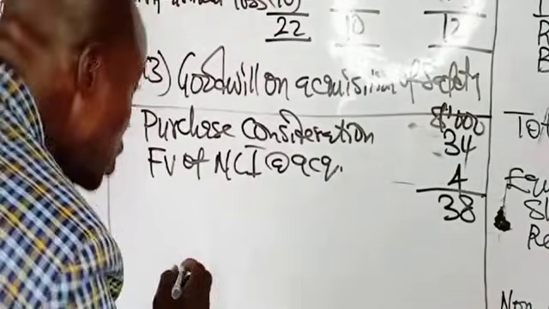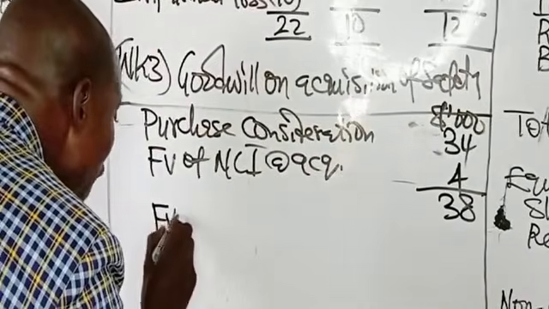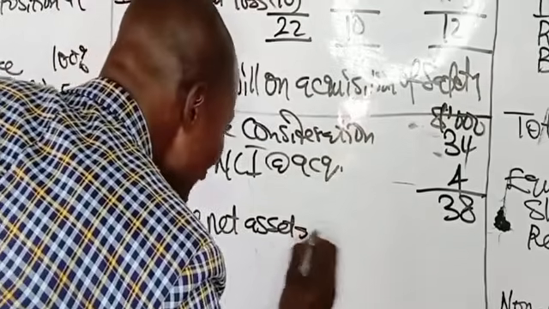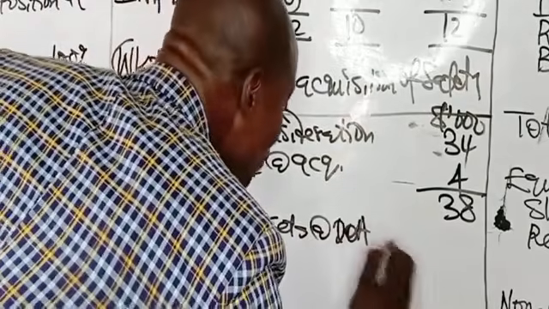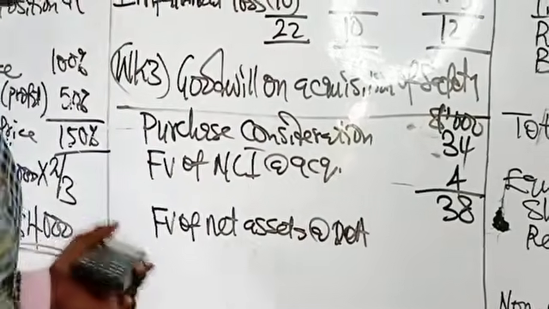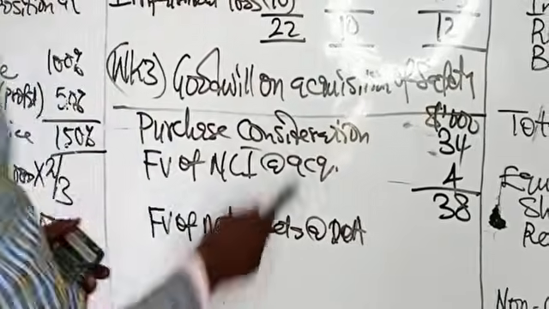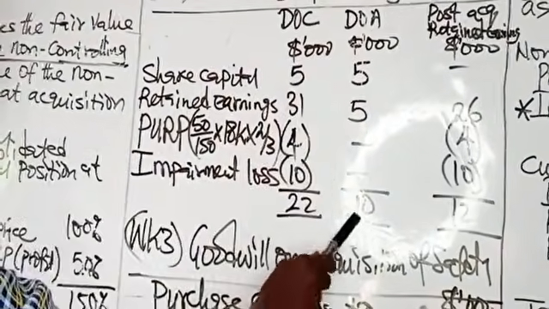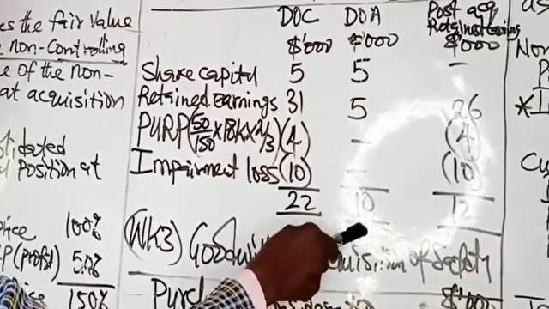Then you now deduct the fair value of net assets at the date of acquisition. You will always get this from the summary of subsidiary net asset, the column, whatever you have in the total of DOA. So DOA, date of acquisition, which is 10,000.